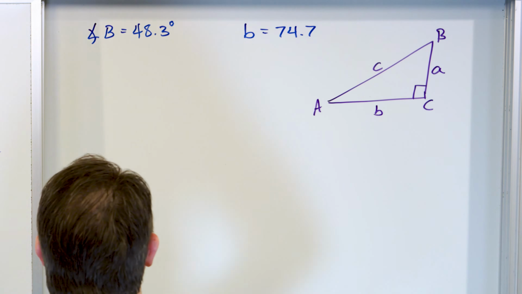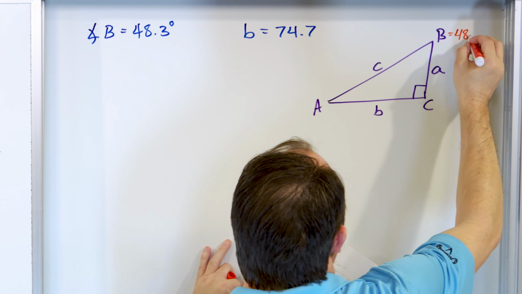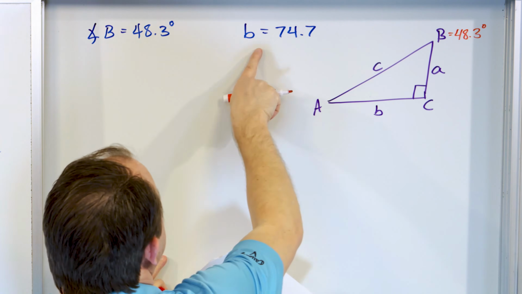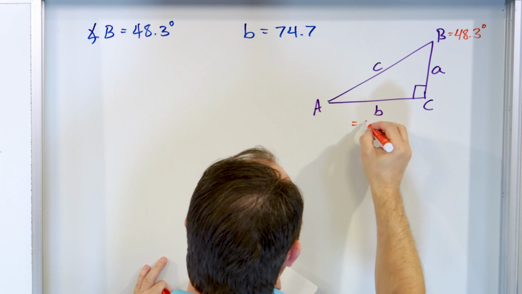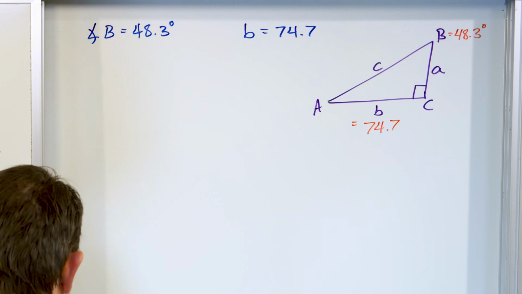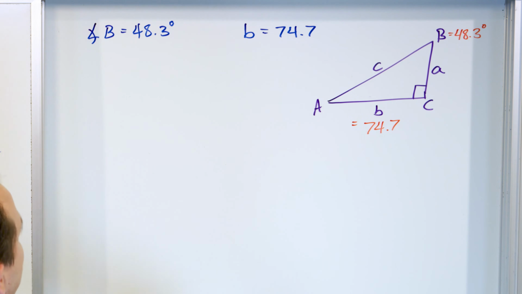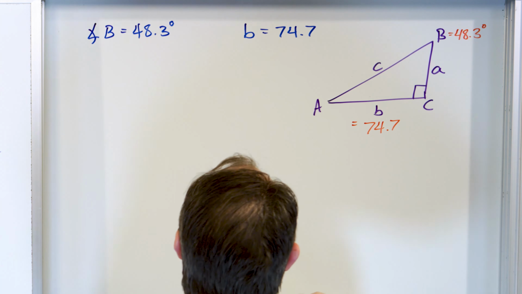And write down what you know. Angle B is 48.3 degrees. And then side B here, down here, is 74.7 meters or whatever it is. So what do we do first? Well, like I said, you really have choices. You can do whatever you want first, but I actually have two angles here.